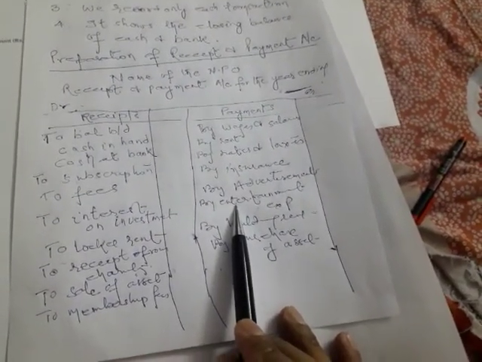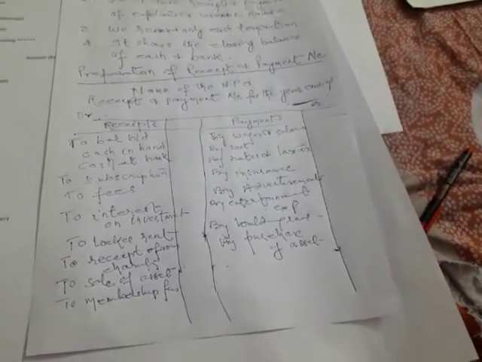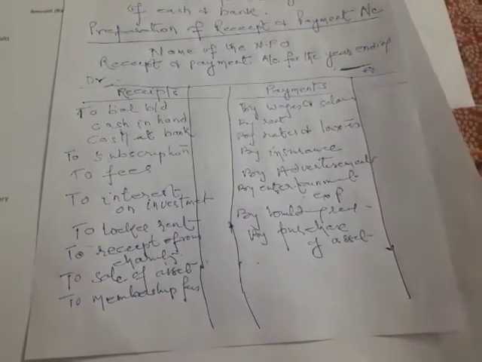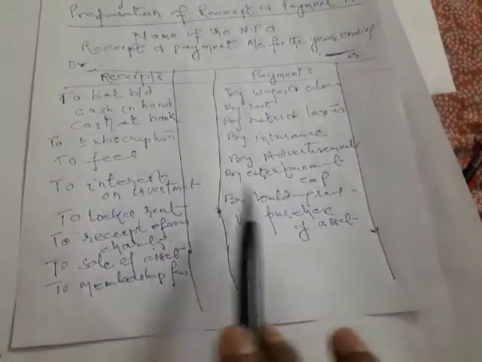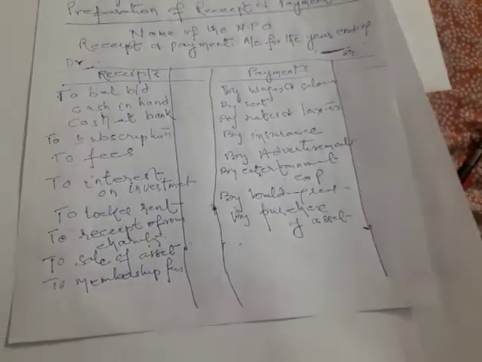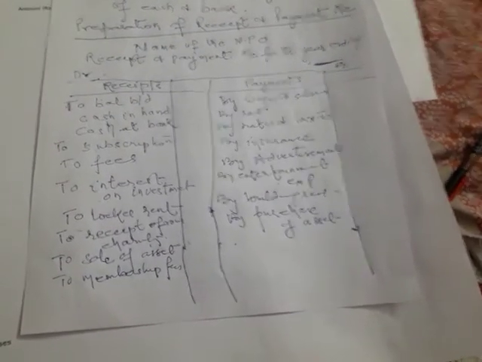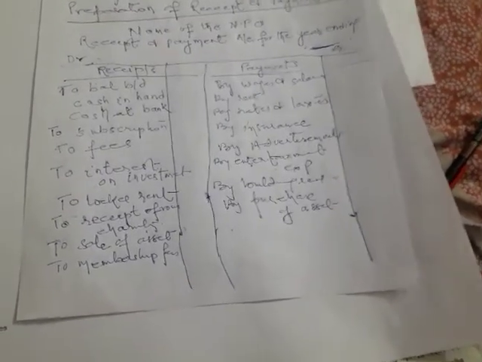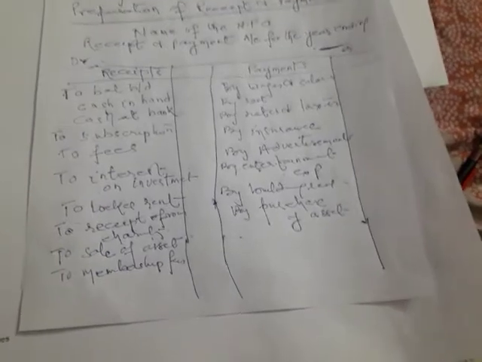They may either belong to the previous year or current year, or it is received or paid in advance. But if it is received or paid in current year, it has to be recorded in the receipt and payment account. Outstanding amounts, accrued amounts which are not received or paid are not included in receipts and payment account.